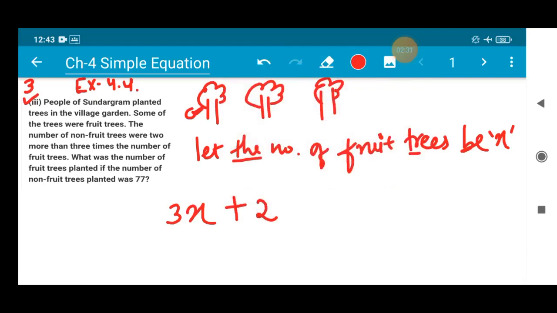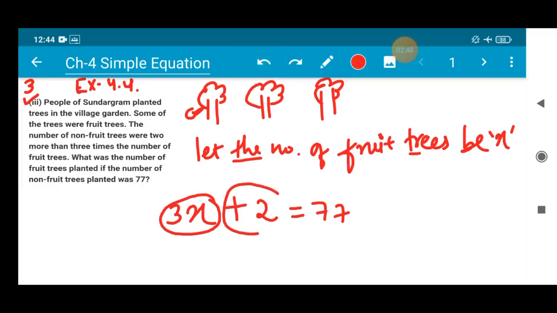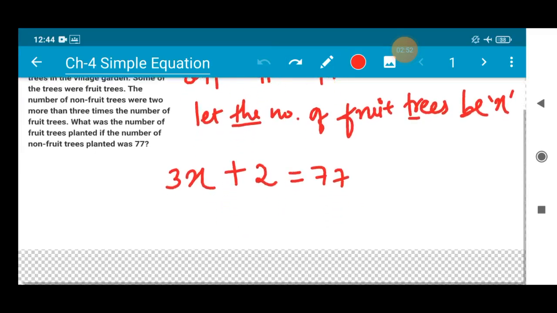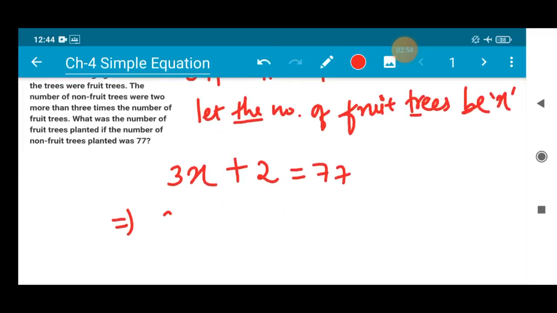So let me erase this and write: 3x + 2 is equal to 77. I hope this is clear to you all, 2 more than means plus 2, and this will give us the total non-fruit trees. Now it's very easy to find out. You all know how to find it.